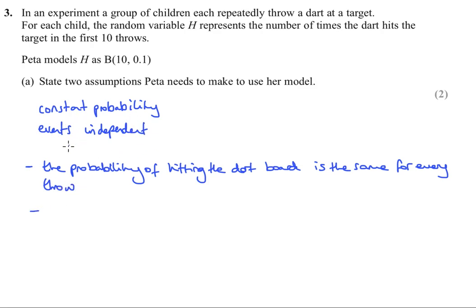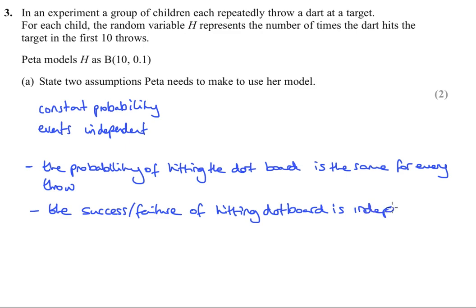And for the events being independent, each outcome is, so each success of hitting the dartboard or failure of hitting the dartboard is independent of any other throw.